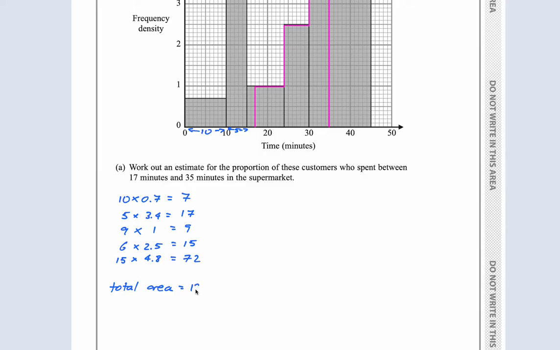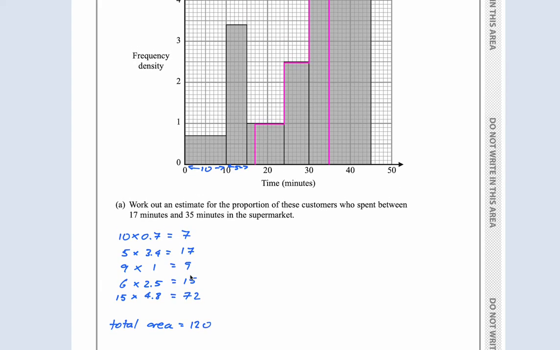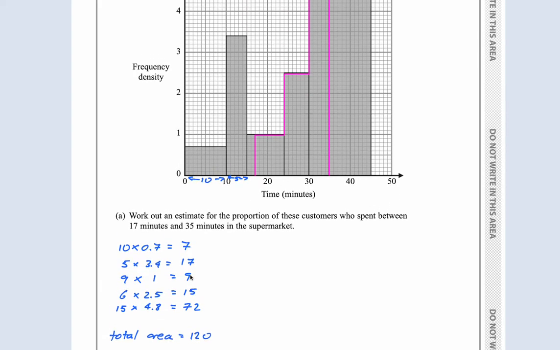Now I know the total area is 120, so I do know that the number of people in total who went to the supermarket is 120.